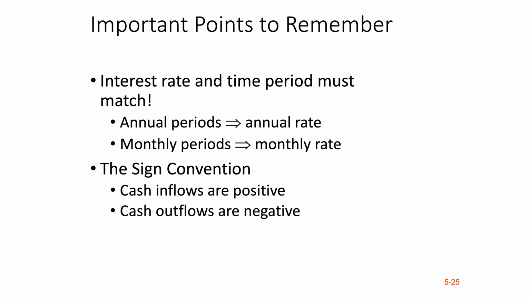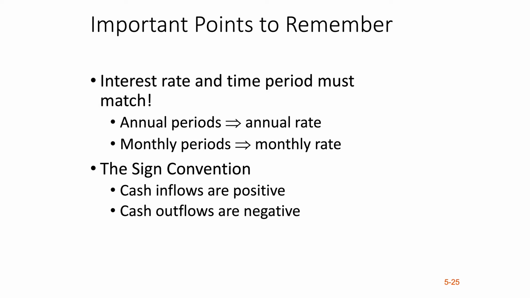There are a couple of important points to remember at the very beginning. When you're looking at an annuity like a loan payment, the payment usually occurs monthly. Then the interest rate you use for a monthly payment schedule must be the monthly interest rate.